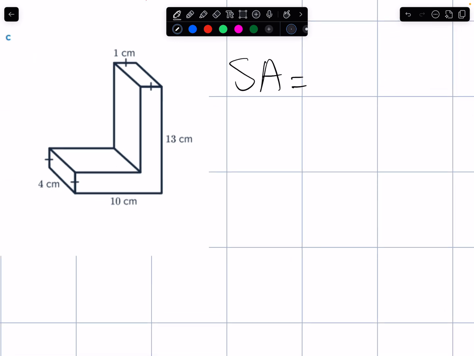I think I prefer the way that we're going to do it. I will split it up this way. So we're going to do it again the same way we were doing it before. We can see we have our front and back would be the same. Interestingly again, our left and right would be the same.